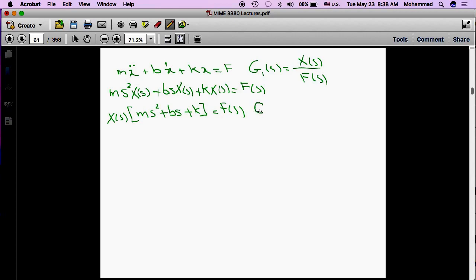The ratio, which we call g1 of s, is equal to, okay, tell me what needs to go to the numerator and what should go to the denominator. So what is that ratio? So numerator is just 1. Denominator? The entire quadratic, m s squared plus b s plus k. So that's the transfer function.